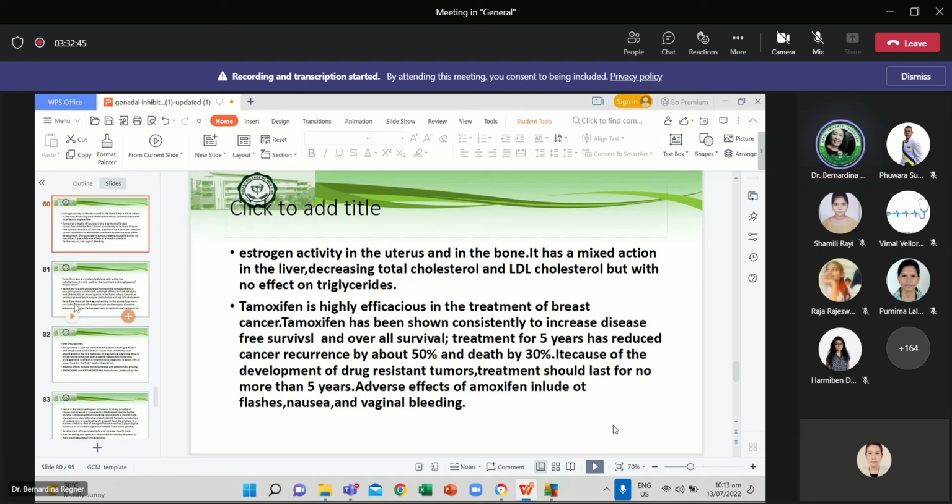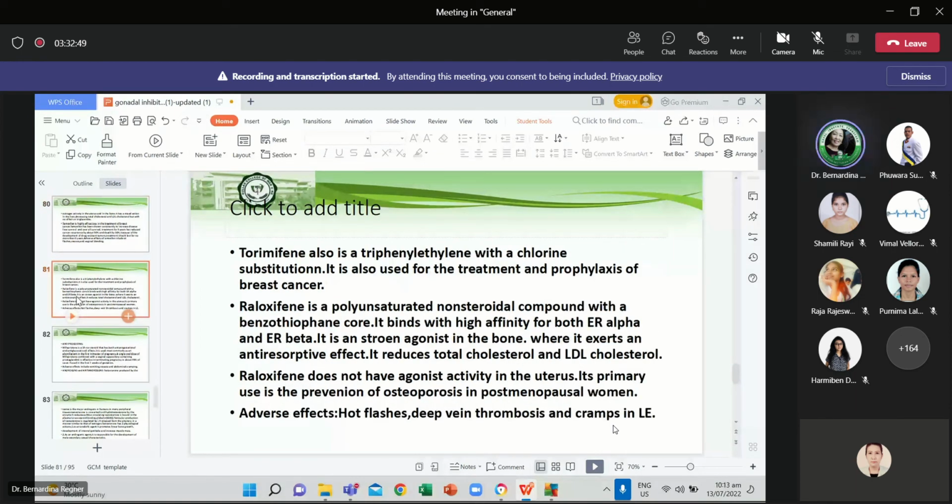We have here toremifene and raloxifene. It is also used for the treatment and prophylaxis of breast cancer. Raloxifene is a polycyclic nonsteroidal compound with a benzothiophene core. It binds with high affinity to both ER alpha and ER beta.